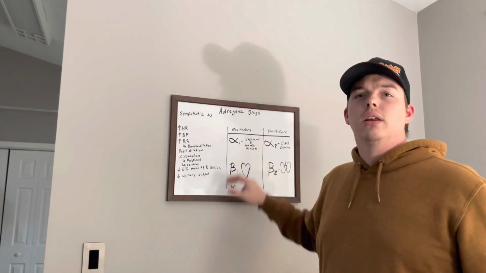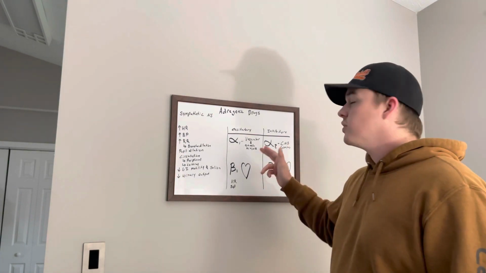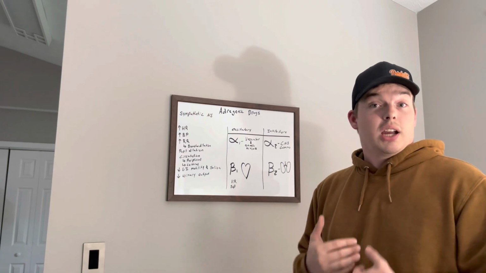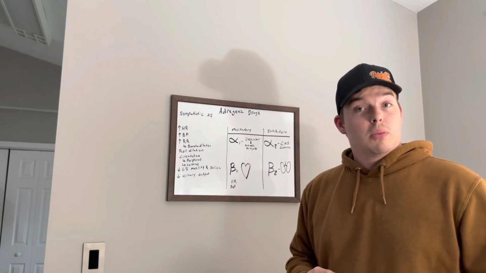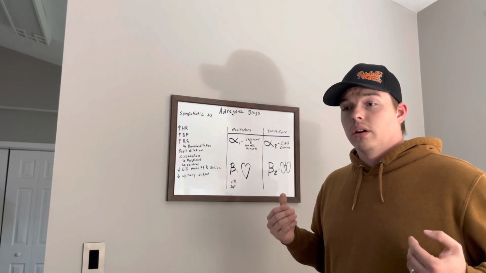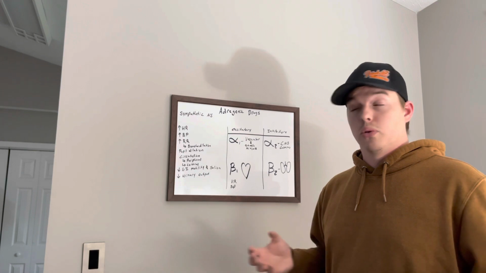So alpha 1 is in charge of your vasculature as well as smooth muscle throughout your body. When you think of your GI tract, it's all made of smooth muscle. When you think of your urinary tract, it's particularly made of smooth muscle.